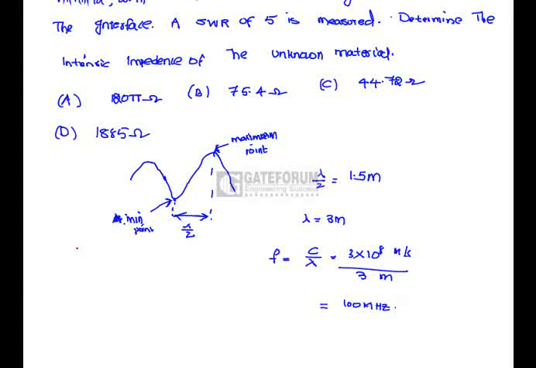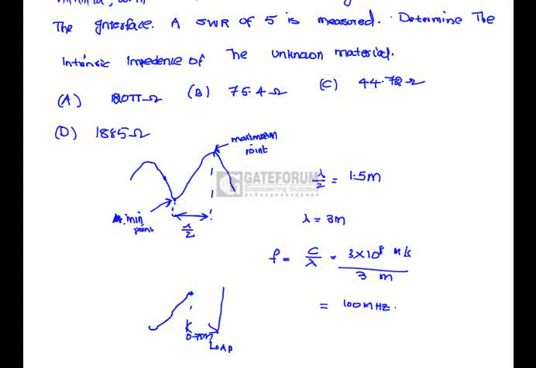Again, one more data given in the problem is that the first maximum is occurring at a distance of 0.75 meters from the surface. Suppose we consider this is the load end, here the distance where the first maxima is occurring, this distance is 0.75 meters.